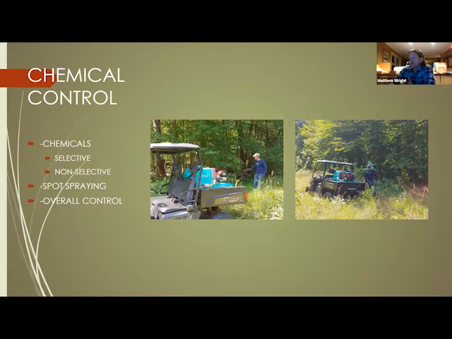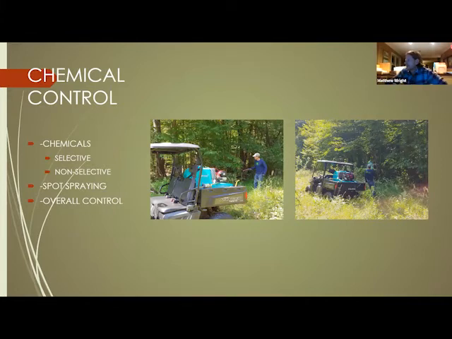The second thing after you do the mechanical control is, if you have a site that has invasive species that are going to cause you issues with your planting, you want to get in and control them beforehand. I mean, fighting to kill things amongst things that you don't want to kill becomes a real hassle.